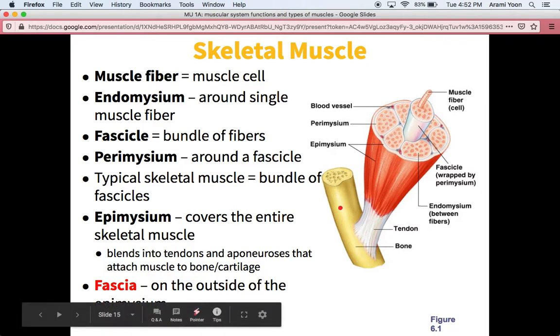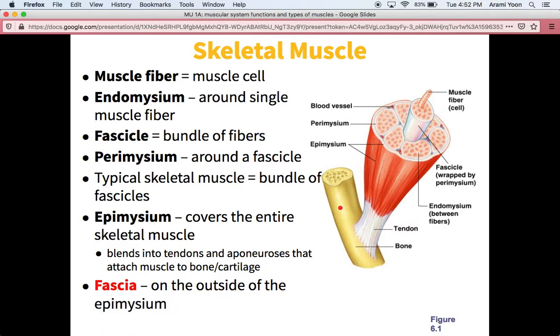Sometimes you'll see it as a sheet. So if you were looking at the breastbone, for example, the pectoral muscles would stretch and anchor to your clavicle, your sternum, your rib cage. They'd connect in these sheets that are called aponeuroses.